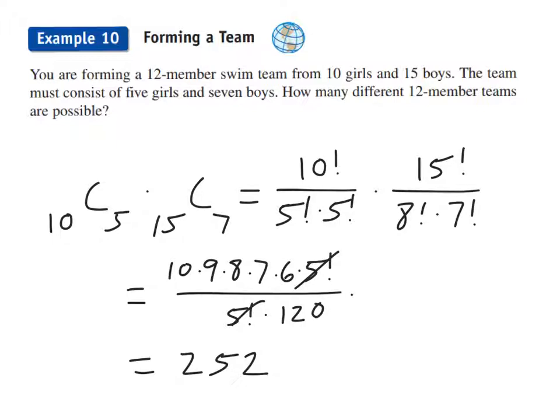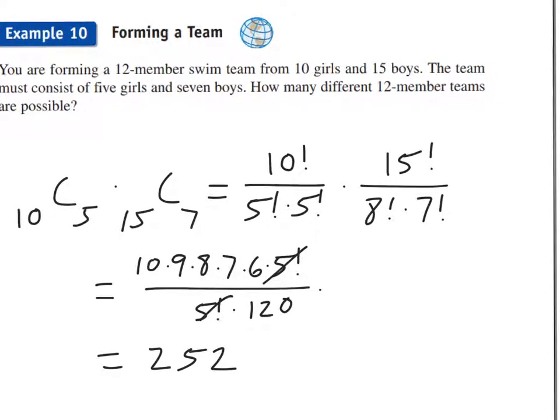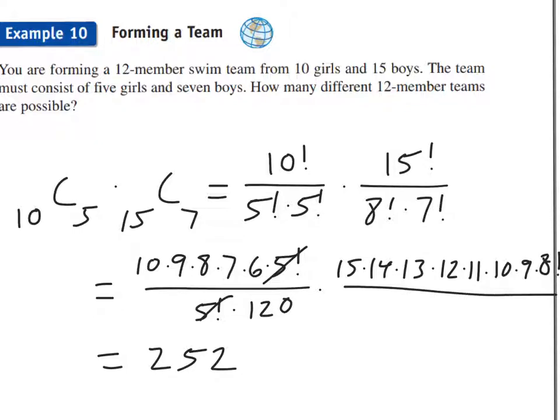And then I might have to scoot this over here for the boys. Theirs is going to get stretched out a little more. 15 times 14 times 13 times 12 times 11 times 10 times 9, and just barely got it in there. I want to go down to 8 because that's going to cancel with 8 factorial.